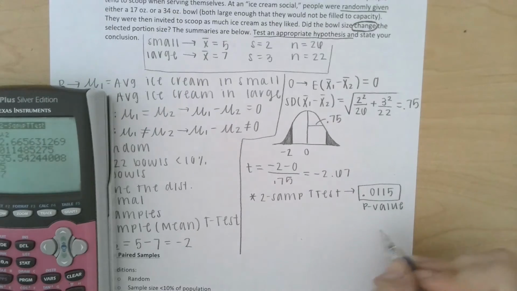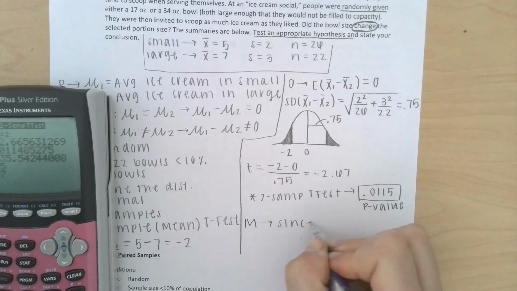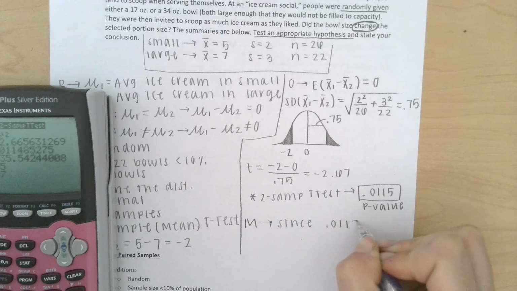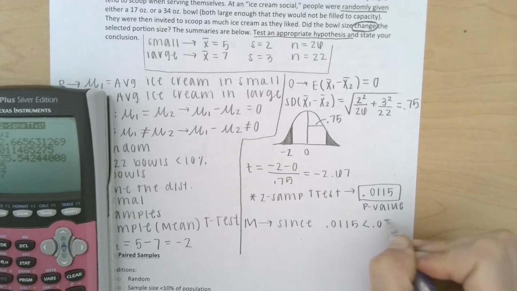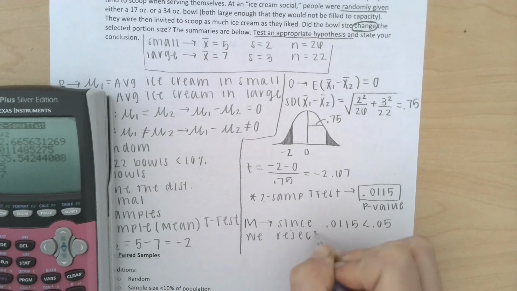Once I have p, I can make a conclusion. So since 0.0115 is less than 0.05, we reject H naught.